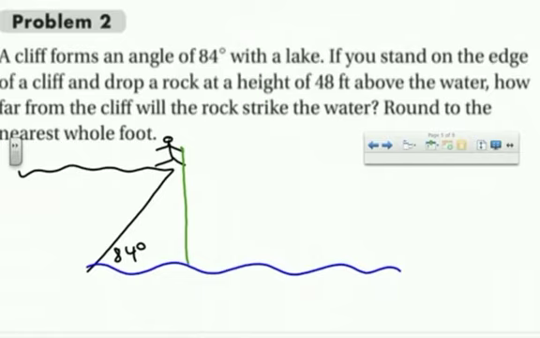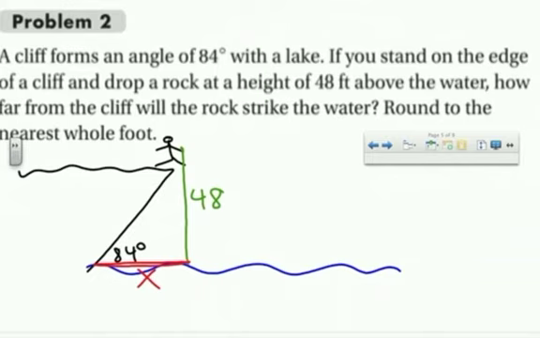Now, the height of where I'm dropping the rock is 48. And what I'm trying to find out is how far from the cliff the rock will strike the water. So here is my x. And we have to use trigonometry in order to find that value.